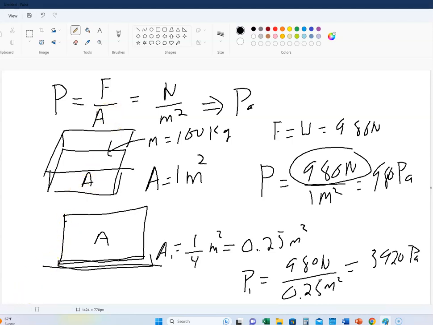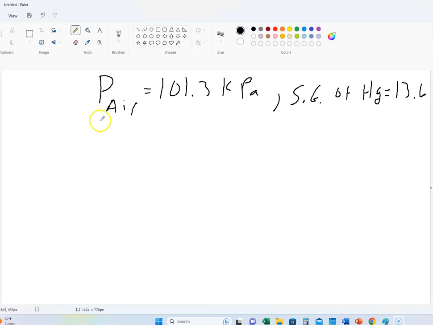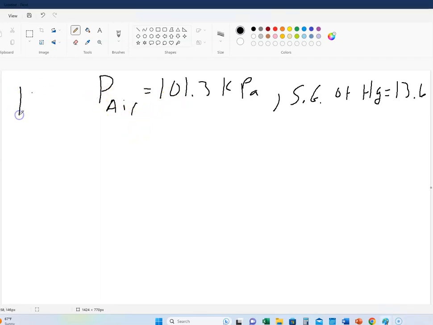I'm going to set up another problem here. All right, so the air pressure at sea level is 1 atmosphere. Let me write that here. So the air pressure is what we call atmosphere. People use this in physics.